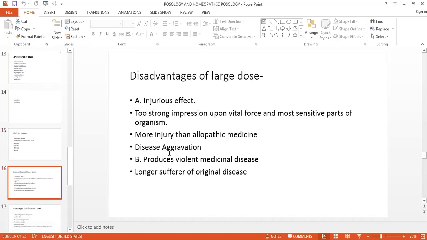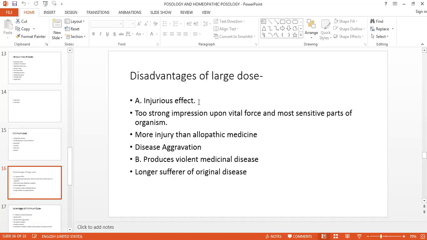Then we have seen the different disadvantages, why we are not giving the large dose. If you are not doing something, then the question is why you are not doing this. So the answer is that a large dose has an injurious effect. It may affect the internal organs, it may affect the tissues very badly, and that's why too strong a dose of the medicine, though it is homeopathy, has an injurious effect.